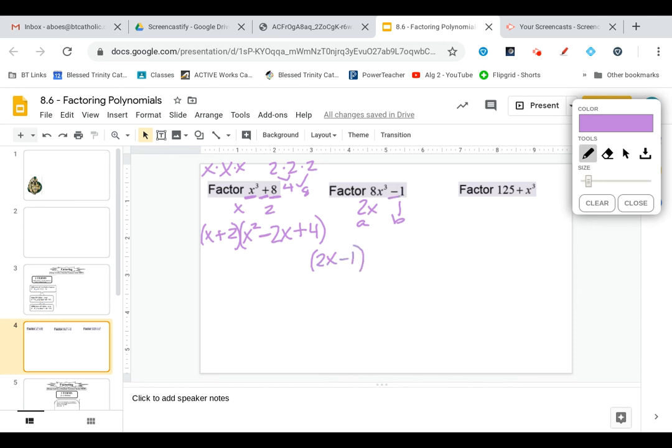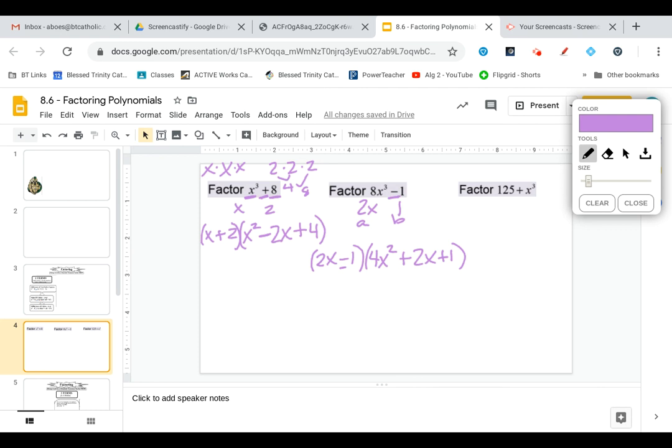Take my same sign in the first one, times a squared. A squared would be 4x squared. Opposite sign. A times b would be 2x. And then my always positive sign for the last one, with b squared. 1 times 1 is 1.